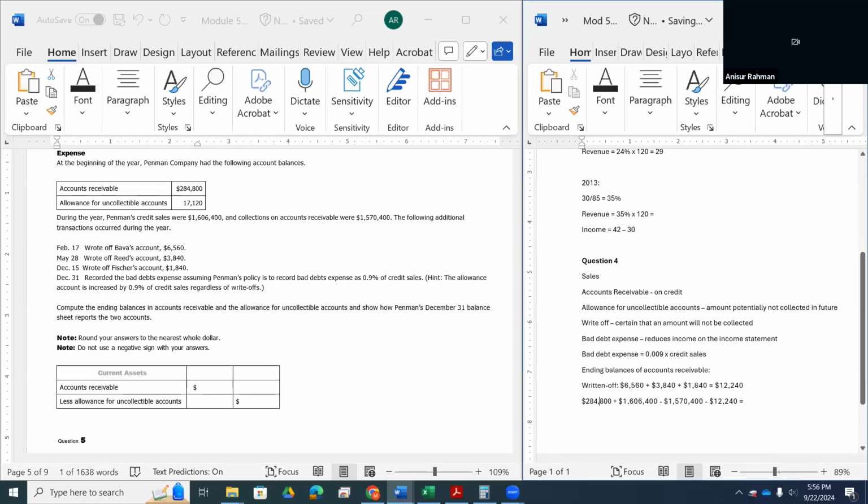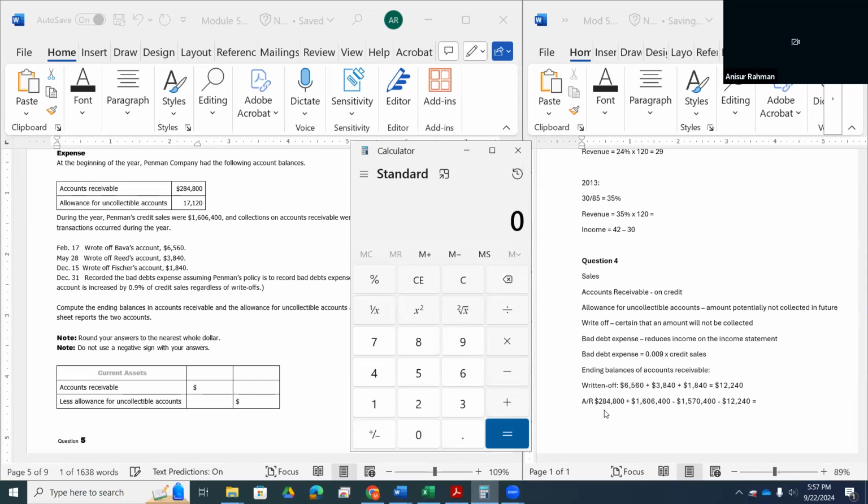So our accounts receivable will now be 284,800 plus 1,606,400, minus our collection, and minus the amount that was written off, because the company became sure this much will not be collected.